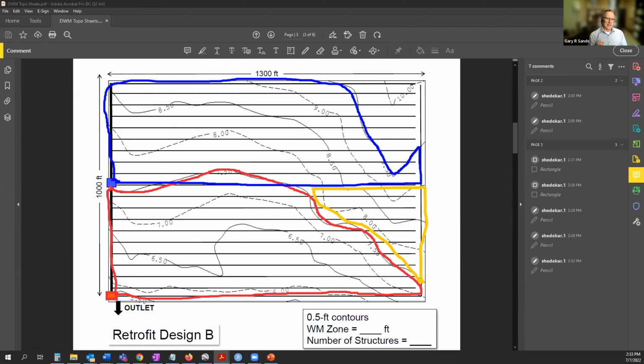So while Vinay's got his drawing up here, I just want to make the point that both design retrofit B and retrofit A, the one that we just did previously, they both had existing tile in them. But look at how much more of the field we're able to control with scenario B compared to scenario A. And it all comes down to the orientation of the tile.